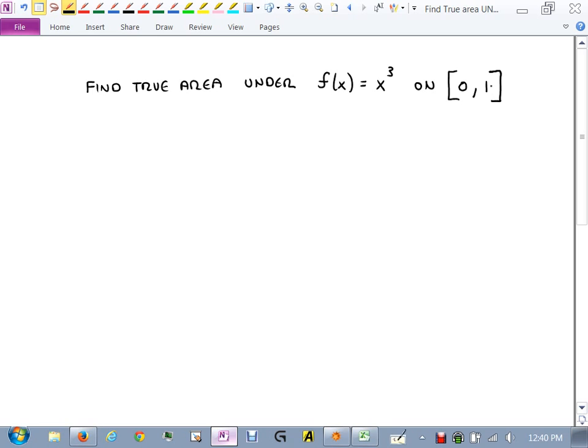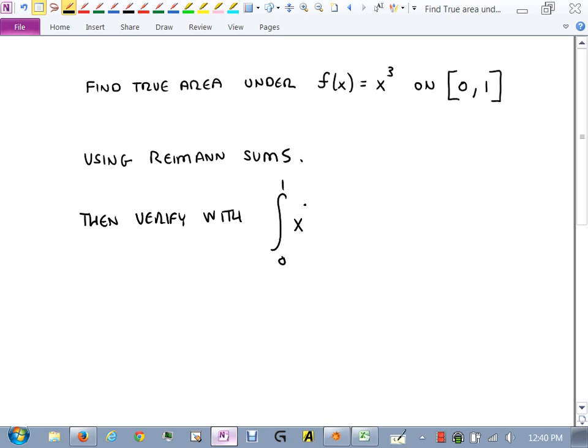I want you to find the true area under f of x equals x cubed on, I'm going to be nice, 0, 1, using Riemann sums. Then verify with this computation.